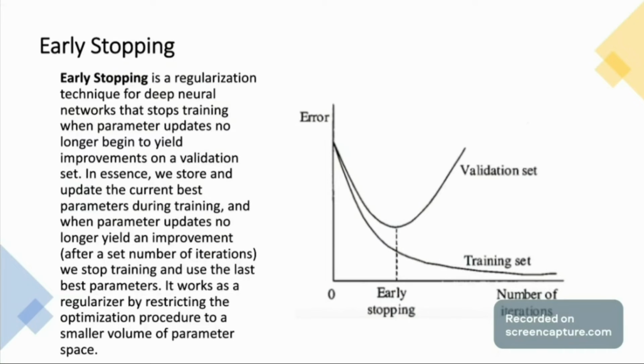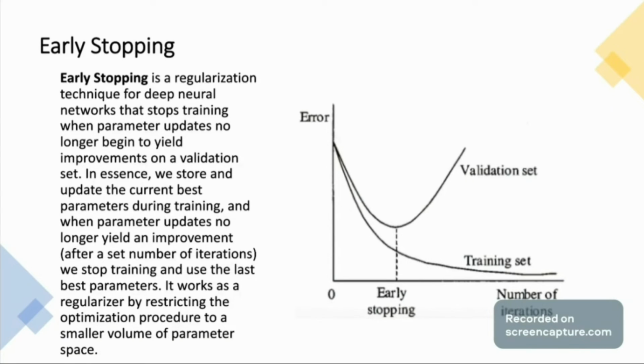In essence, we store and update the current best parameters during training, and when the parameter updates no longer yield an improvement, basically after a set number of iterations, we stop training and use the last best parameters. It works as a regularizer by restricting the optimization procedure to a smaller volume of parameter space.